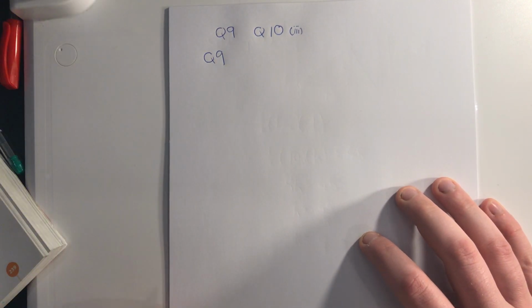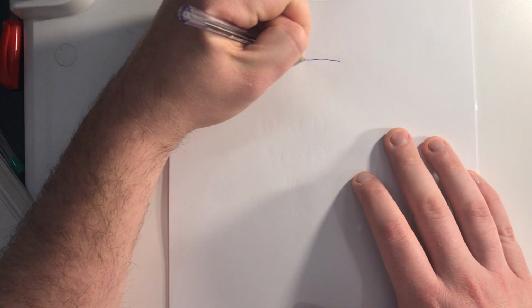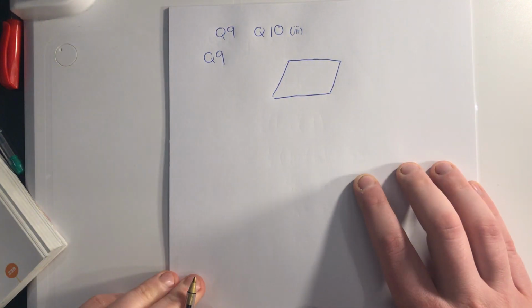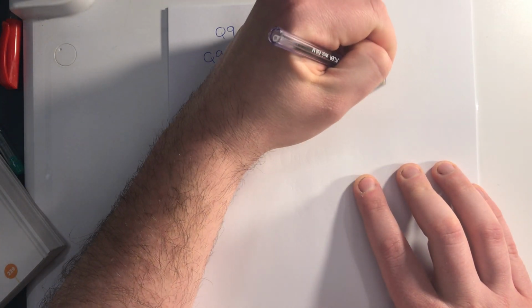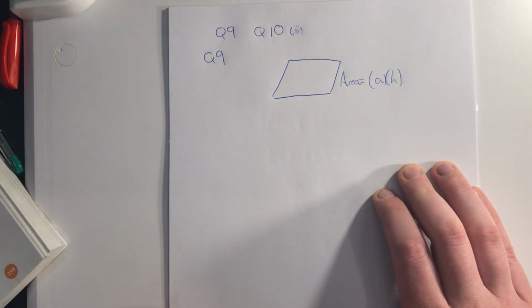ABCD is a parallelogram, so this is going to be question 9. ABCD is a parallelogram as shown. Calculate the area of the parallelogram. Okay, well that's straightforward enough. We now know that the area of a parallelogram is A by H, base times height.